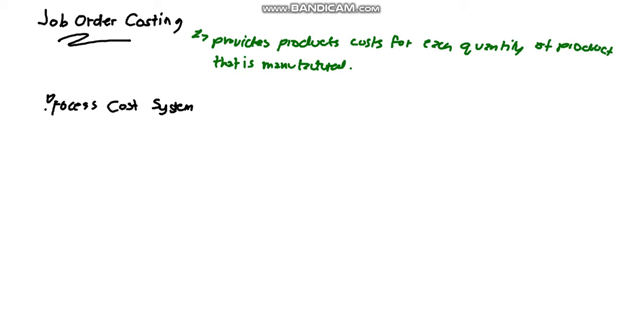Therefore, job order cost systems are often used by companies that manufacture custom products for customers or batches of similar products. Manufacturers that use a job order cost system are sometimes called job shops. So more or less, this is for custom products.